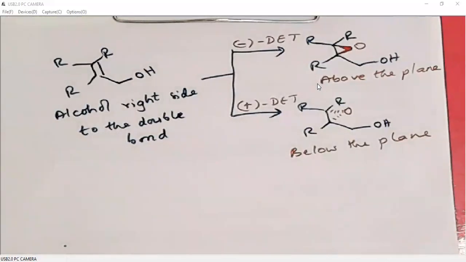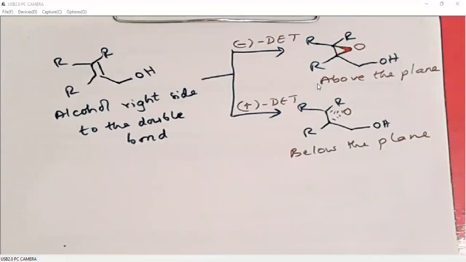Okay. What if the alcohol is on the left side of the double bond? It is entirely reverse. Okay, so that is why I'm not going to teach you the left side. If the alcohol is on the left side of the double bond, minus DET will give the epoxide below the plane, plus DET will give the epoxide above the plane.